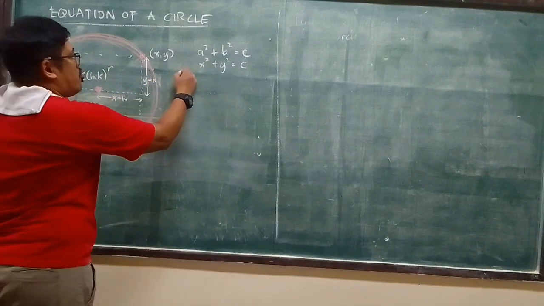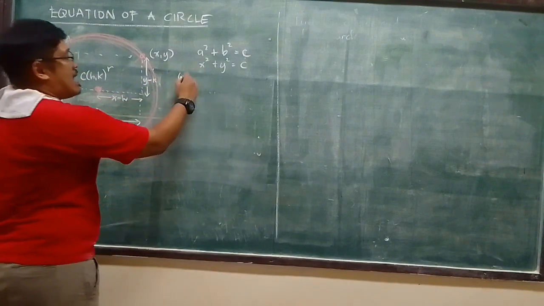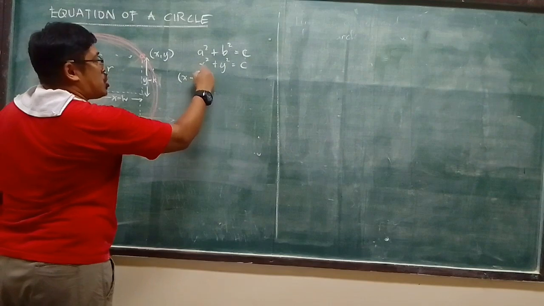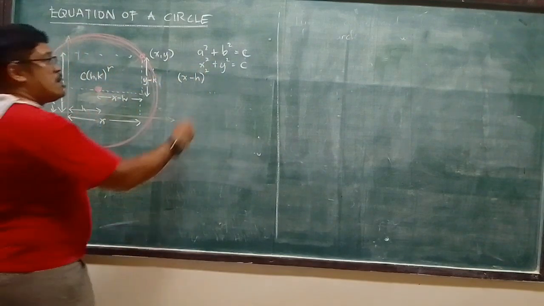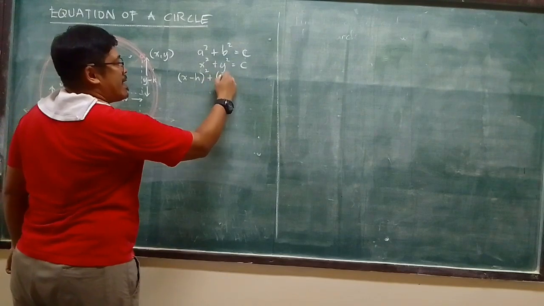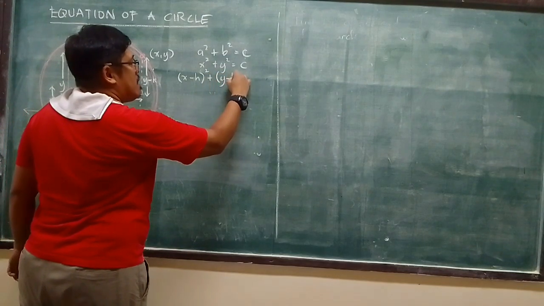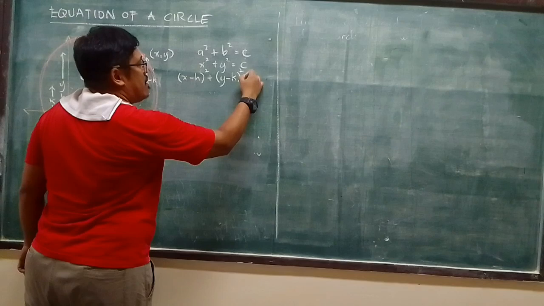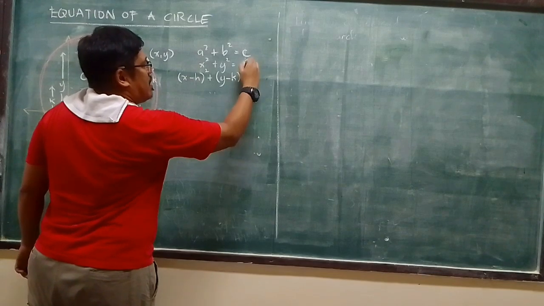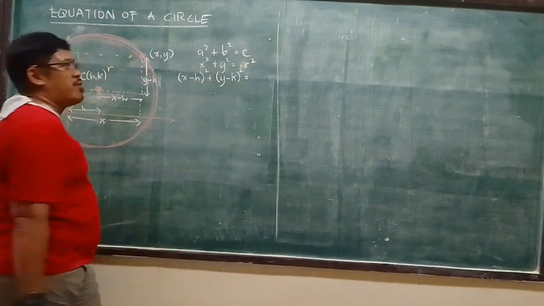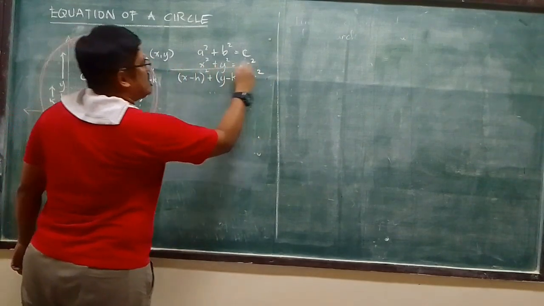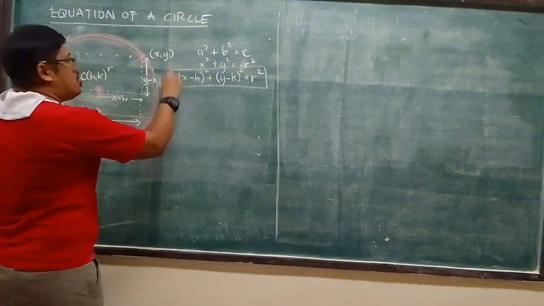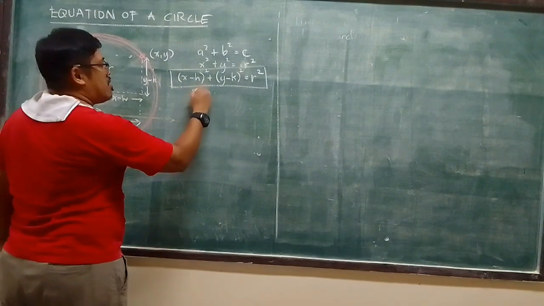Yung x mo ngayon would be represented as x minus h quantity squared, plus yung y naman will be represented by y minus k quantity squared is equal to r squared. And this is now the equation of your circle in standard form.